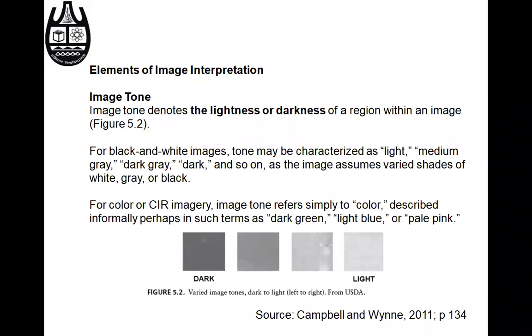What does it mean? Image tone means the lightness or darkness of a particular image or particular object. As I said before, for a single color, for example gray, there can be many different types of gray. It could be dark, it could be light, and in between you have medium and so on.